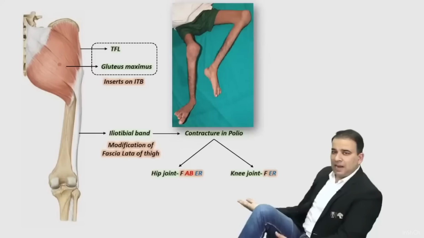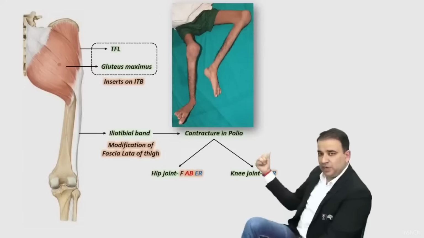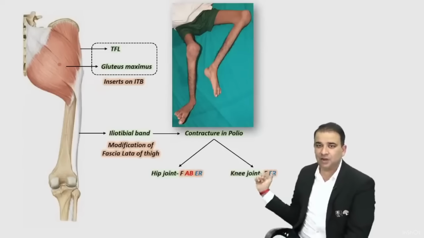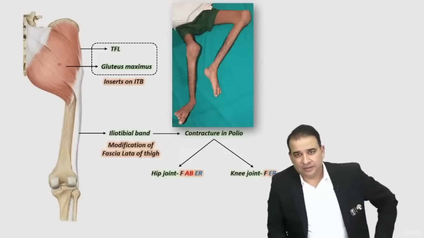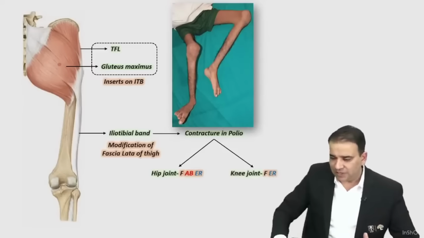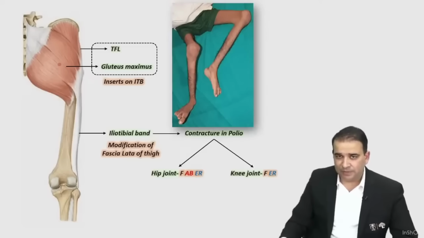The iliotibial band is attached to the lateral side, so the tibia is also rotated laterally. So the knee joint is flexed, and there is an external rotation of the tibia. So in case of IT band contracture, there is a FABER position of the hip joint, and flexion and external rotation of the tibia as well.